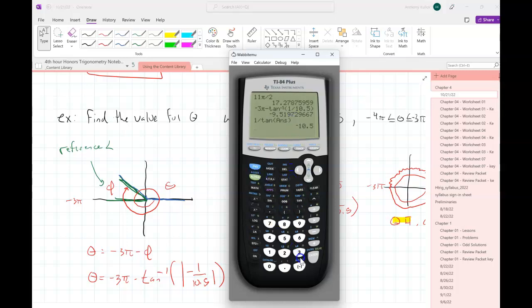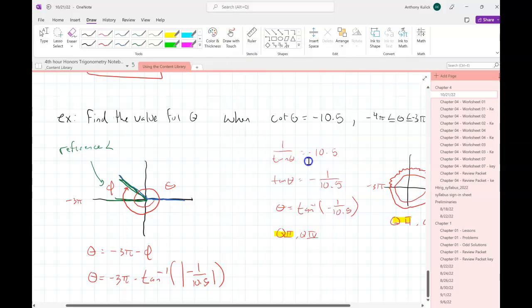And if I look at negative 3 pi, that's smaller than negative 3 pi, which is good. And it's bigger than negative 4 pi. Right? So I'm positive I've got my answer. Negative 9.52.